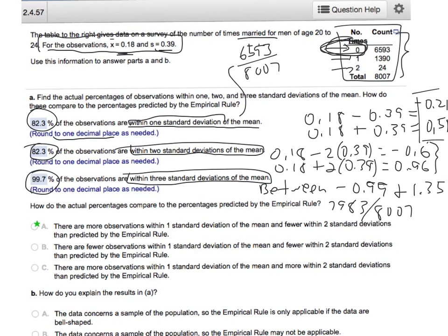With the empirical rule, we expect almost everything to be within 3 standard deviations, and that does seem like what we're seeing here. This really is almost everything within 3 standard deviations. But these two are not consistent with the empirical rule. The empirical rule says that there are only 60-some% within 1 and 90-something% within 2. And so this is not what the empirical rule says.